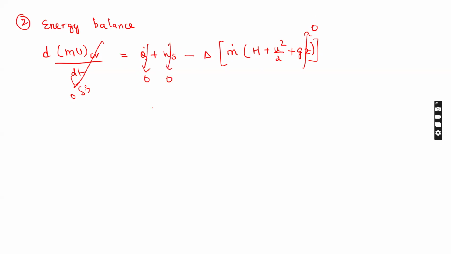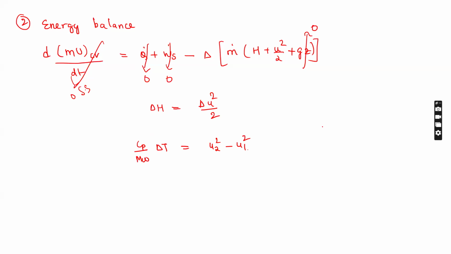So we say delta H is equal to delta u square by 2. Okay, so this delta H is given by Cp by molecular weight into delta T, is equal to (u2 square minus u1 square) by 2.